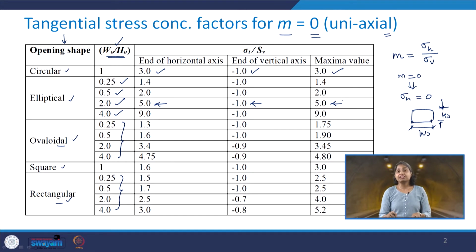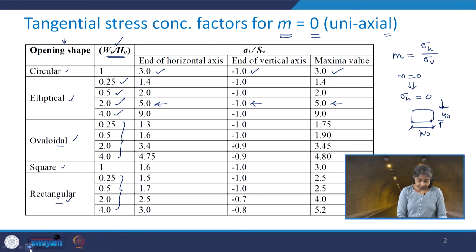Now, where are these values coming from? You remember I showed you various figures in the previous class. All I have done is pick the numerical values at the end of horizontal axis, vertical axis and maximum value and compile them in the form of this particular table for m equal to 0.